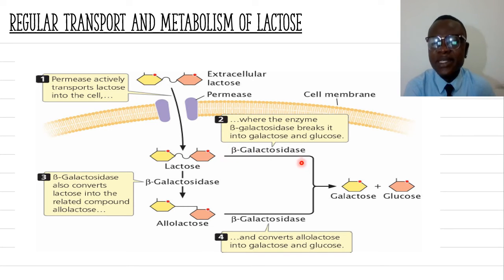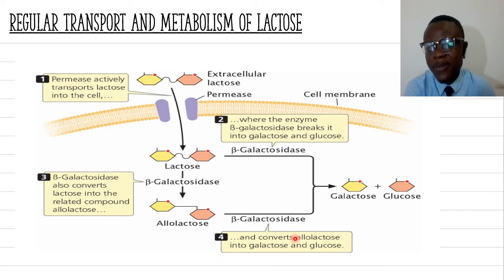Beta-galactosidase will either break down lactose to produce galactose and glucose, which is then used further in the cell to produce energy, or it converts lactose to allolactose. The allolactose serves as the inducer of the entire lac operon.